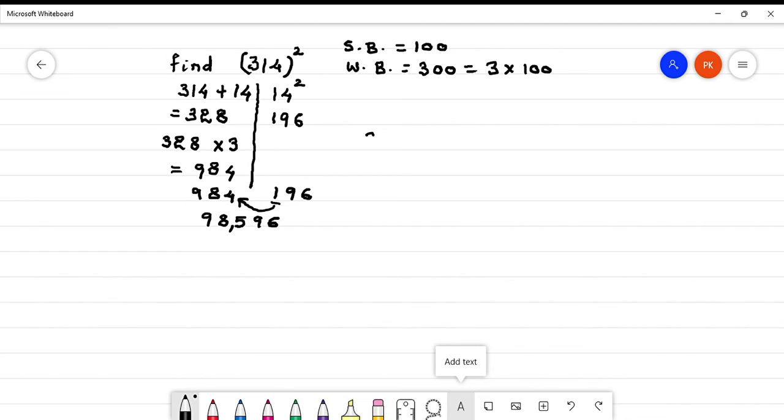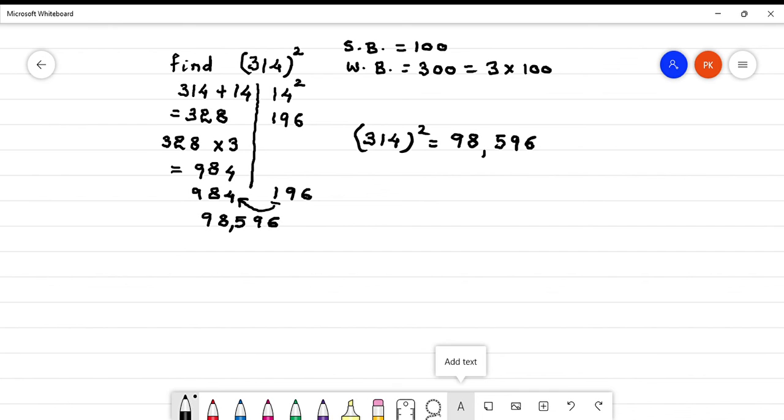So 314 square is 98,596. Just go through all the steps, check whether you are understanding all of them. Yes.